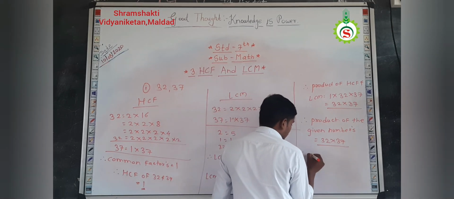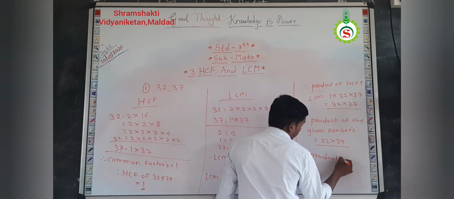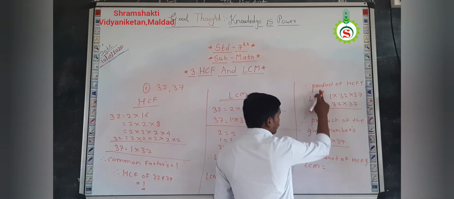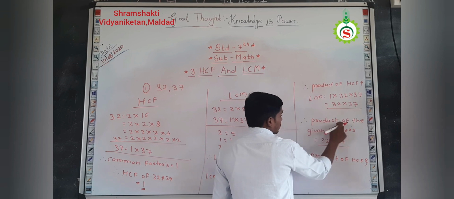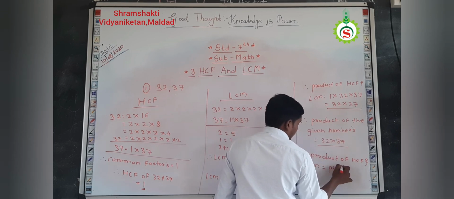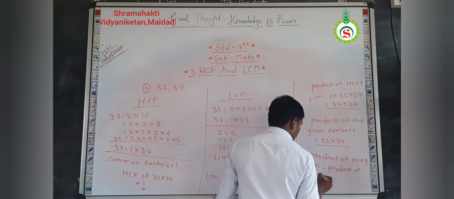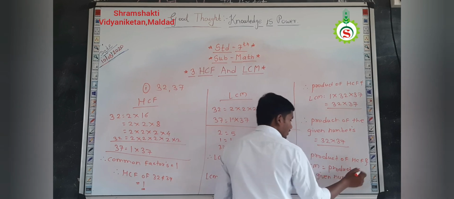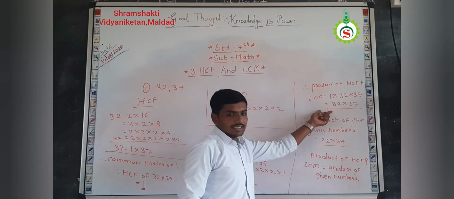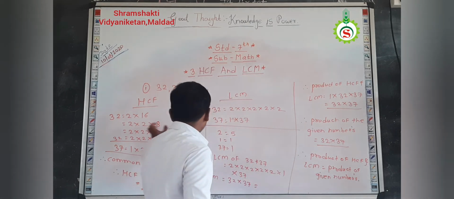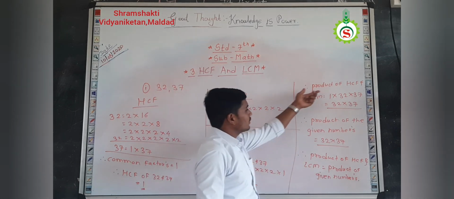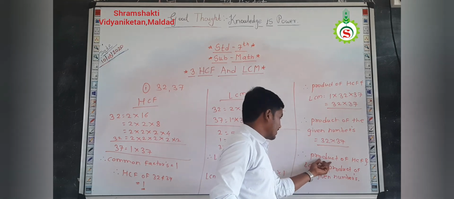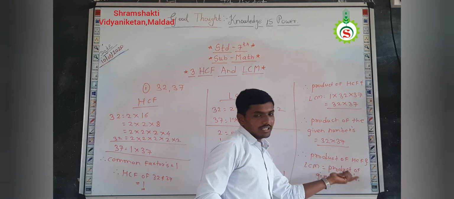Therefore, we can write down: product of HCF and LCM is equal to product of given numbers. Okay, all of you understand? First we found the HCF, then the LCM, then we take the product of HCF and LCM and the product of the given numbers. Both are the same. That's why we said that the product of HCF and LCM equals the product of given numbers.